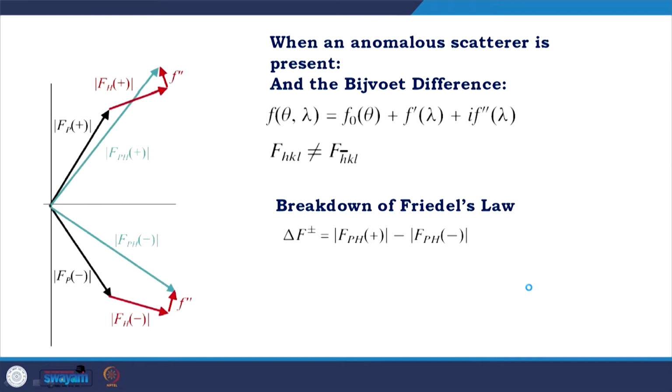But when an anomalous scatterer is present, f(theta, lambda) = f0(theta) + f'(lambda) + i f''(lambda). In this case, F(hkl) is not equal to F(-h-k-l), and there is a breakdown of Friedel's law, with differences you could see here.